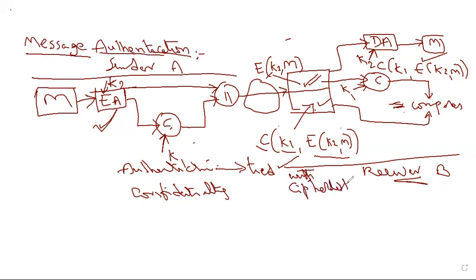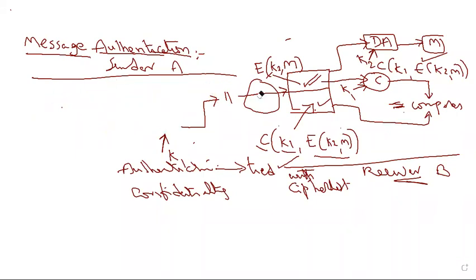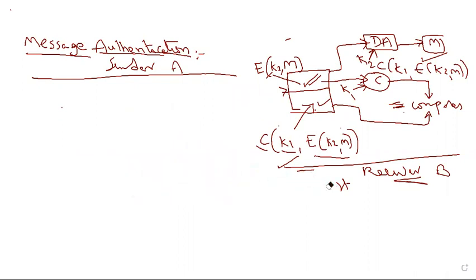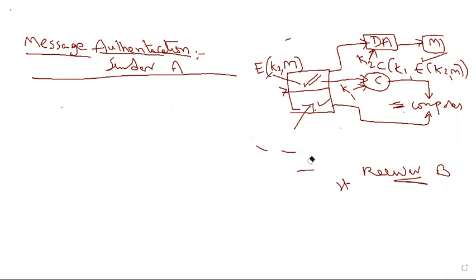And another alternate is, first we generate the MAC code from the message. After concatenating, we are going to encrypt the concatenated information. I will show you that diagram also. But in that diagram, a little variation is there. Instead of encrypting the message first, we generate a MAC code from the message as in the first configuration.